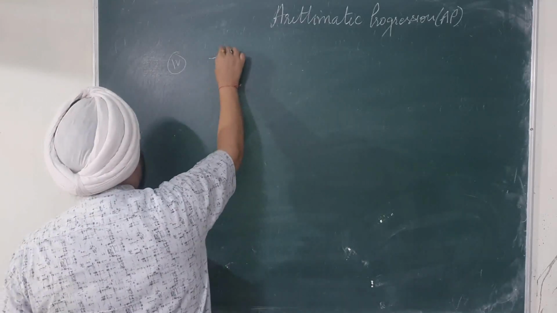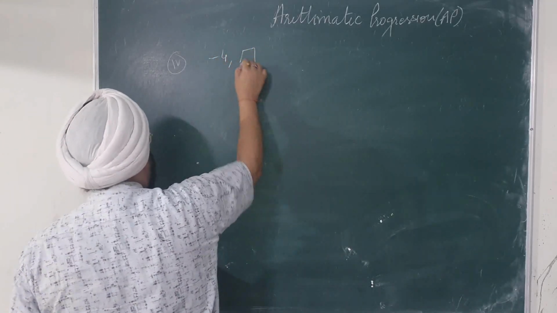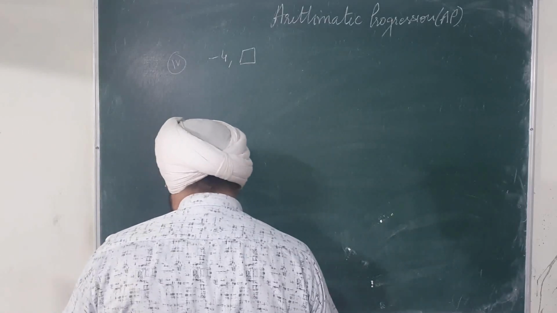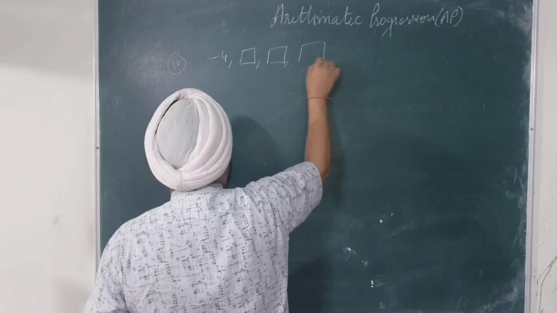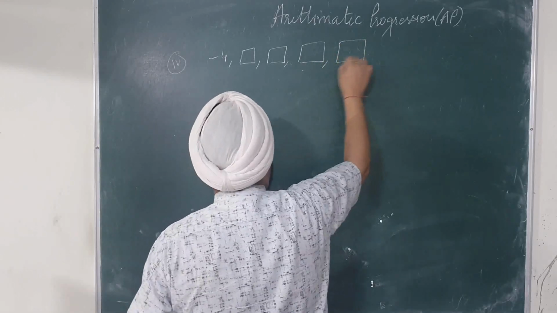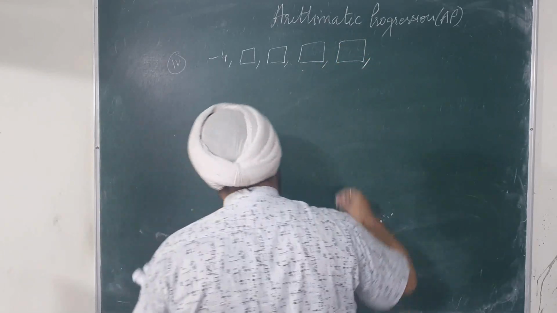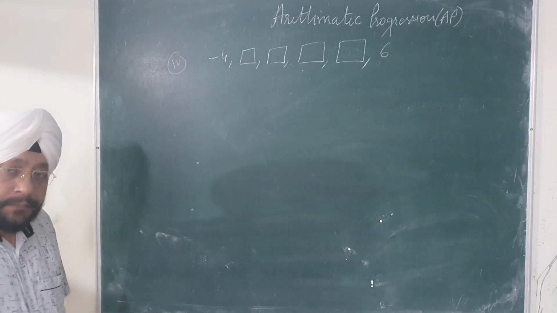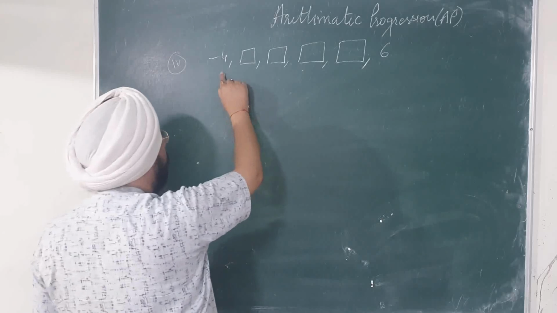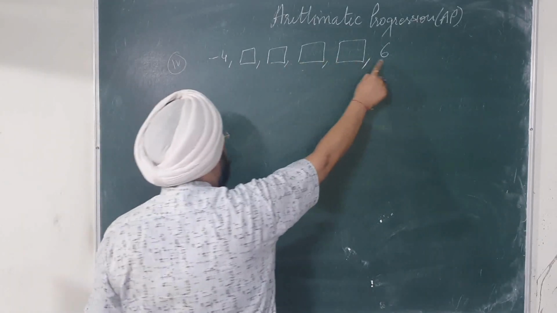It's minus 4, then we have 1, 2, 3 and 4 boxes, and then we have 6. So you can see we have 1, 2, 3, 4, 5 and 6.